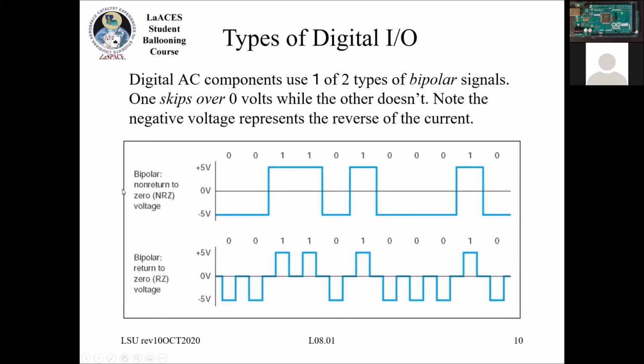In this case, you'll see two different types. This is a non-return to 0, so it just transmits the 0 or the 1, and then it stays at that value until the next value is transmitted. But then you also have return to 0 signals, which transmit the 0 and then go back to the neutral 0 voltage, or transmit the 1 and then drop down to the neutral 0 voltage while you're sitting idle.